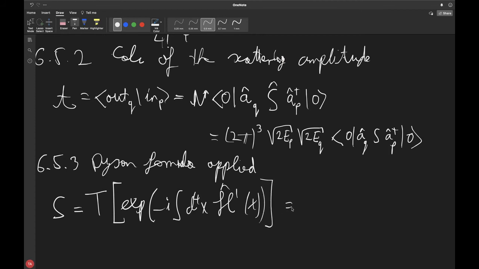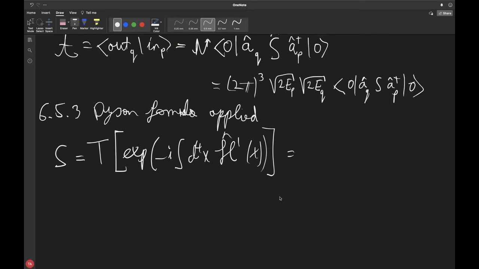We also said that it's not really easy to deal with the exponential, so we will instead do the Taylor expansion of this, which starts at 1. Actually, I should still have the time ordering included.